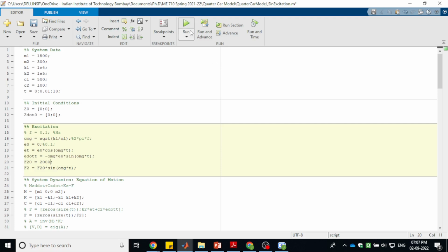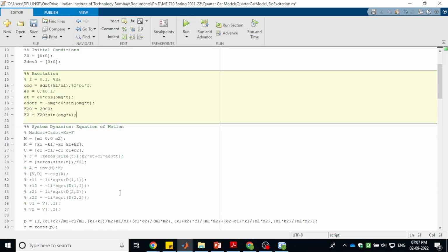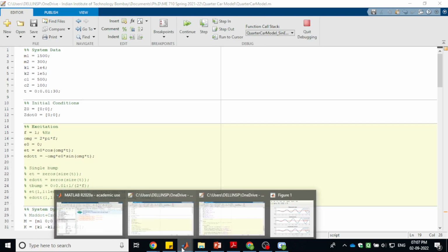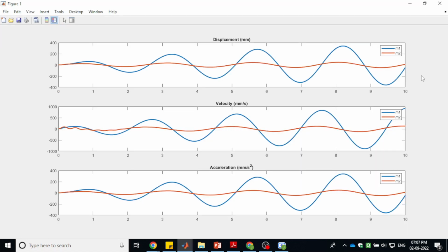Let us say we apply a sinusoidal force of 2000 Newton on this mass, and if we want to see the response of the system, this is how the response will look like when it is subjected to sinusoidal forcing.